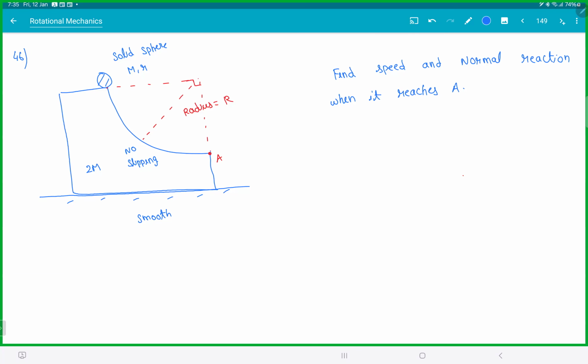So if the ball is released from rest, find the speed and then the normal reaction when it reaches the point A. How do we do this?